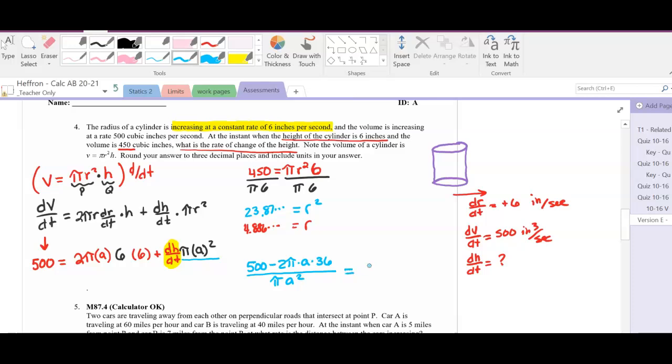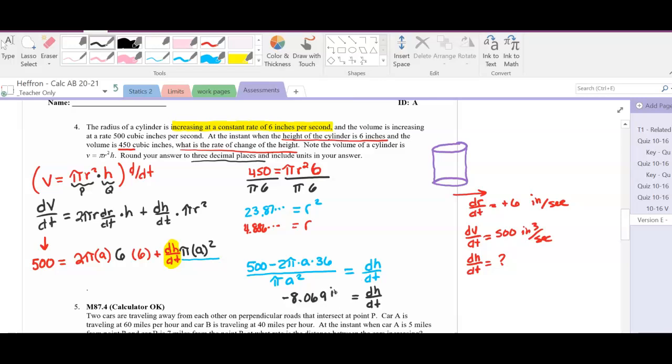All of this will give me my dh/dt. So when I do this math, now I will round to my 3 decimal places. Everything else has been exact, so I have negative 8.069.